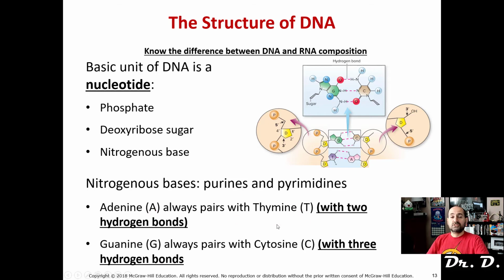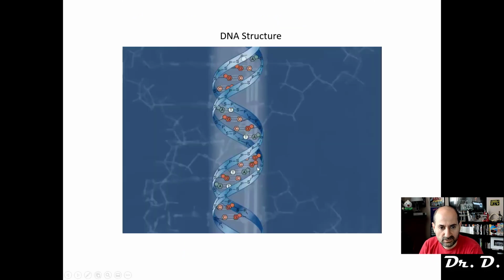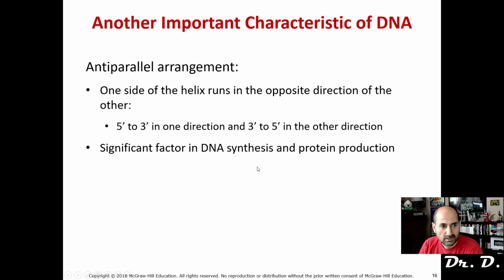You should know this for the exam as well: the 2 strands of DNA are held together by hydrogen bonds, okay? And the 2 strands are anti-parallel. They go in different directions. By directions, I mean, you know how a strand of DNA goes 5' to 3'?